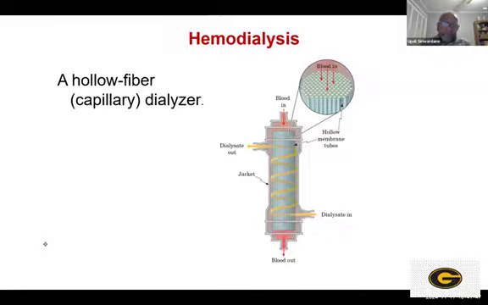Hemodialysis is a process where blood is purified in patients with impaired kidney function. The machine takes blood in here and the blood out here is passed through a membrane like this, blood in and out.